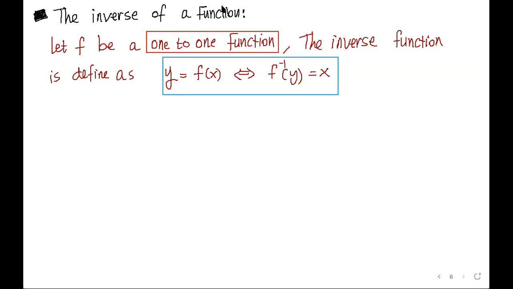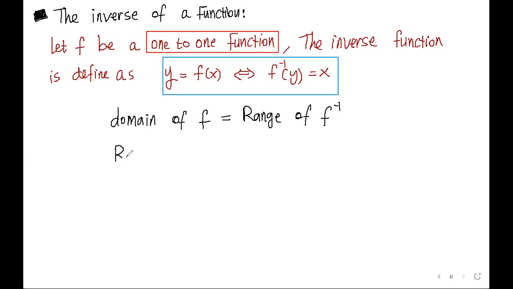The second thing we have to know about this definition: the domain of the function f is the same as the range of the function f inverse.